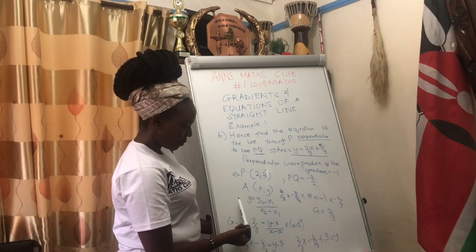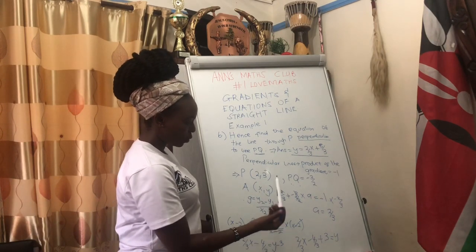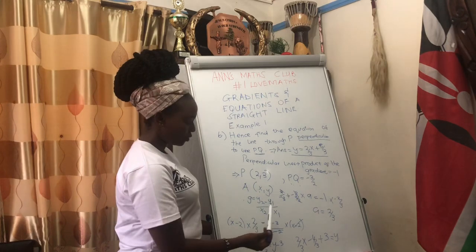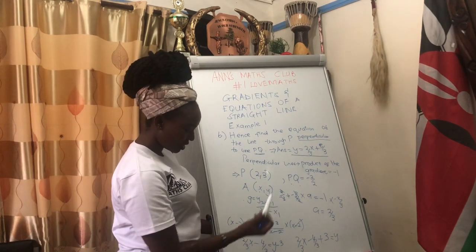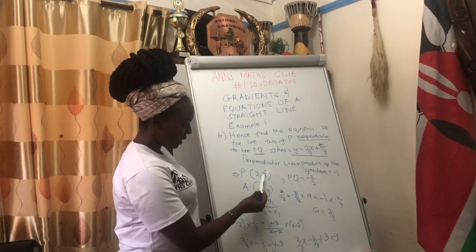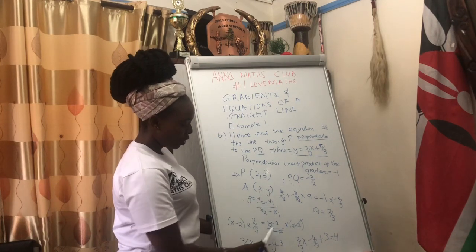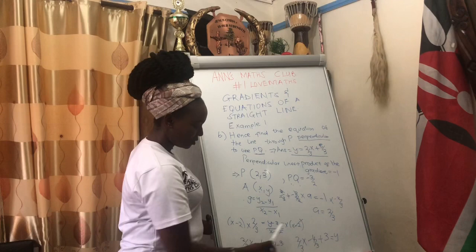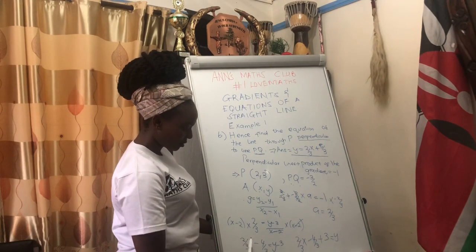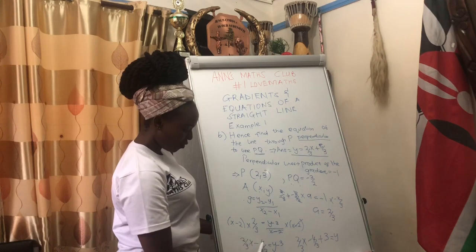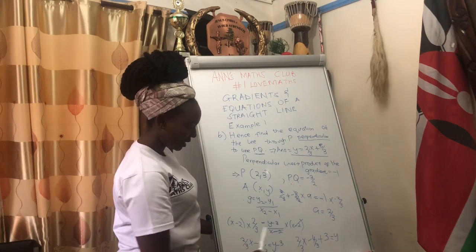So now you come back to finding the equation. You can just say gradient is equal to y2 minus y1 over x2 minus x1. So the gradient 2 over 3 is equal to y minus 3 over x minus 2. Multiply both sides by x minus 2. You're going to get 2 over 3x minus 4 over 3 is equal to y minus 3.